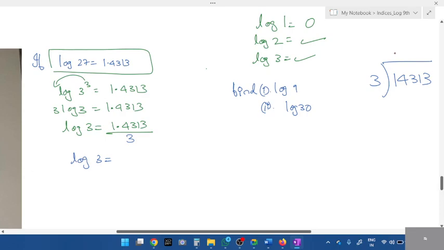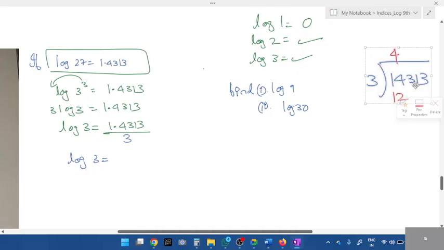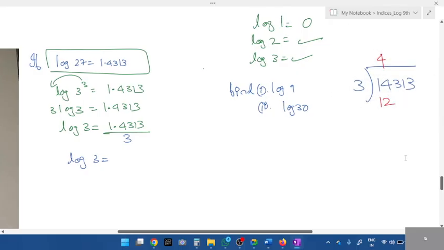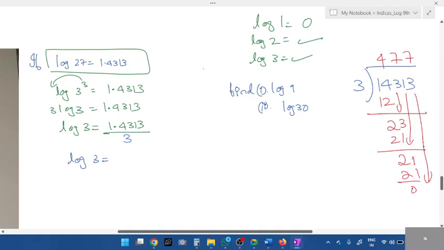How did you divide, Kia? 3 fours are 12. Next, remainder 2, bring down 3. 3 sevens are 21. Very good. 3 ones are 3. All of you got 4771.